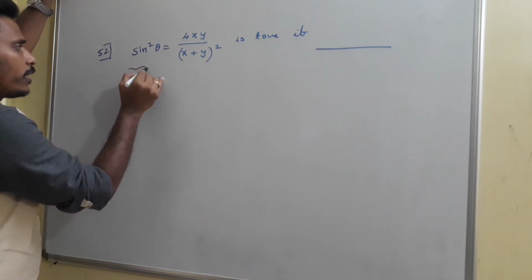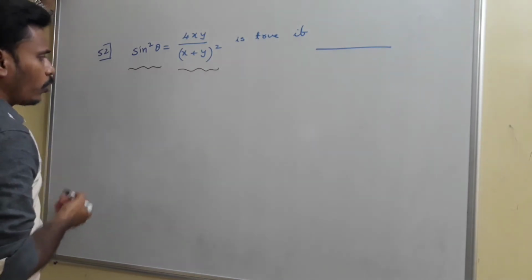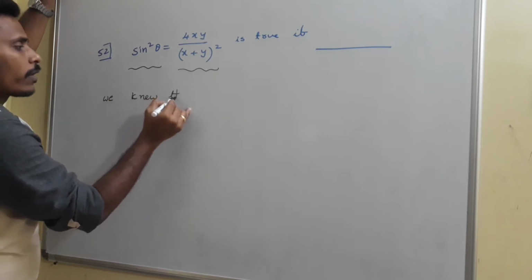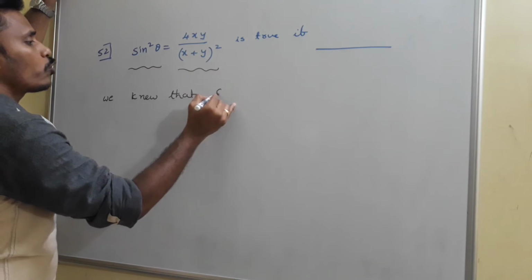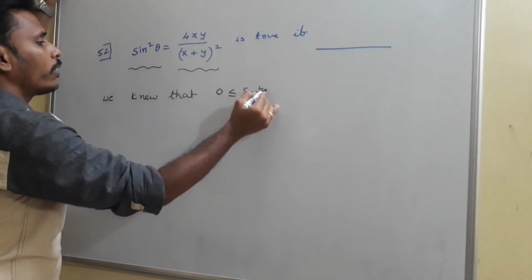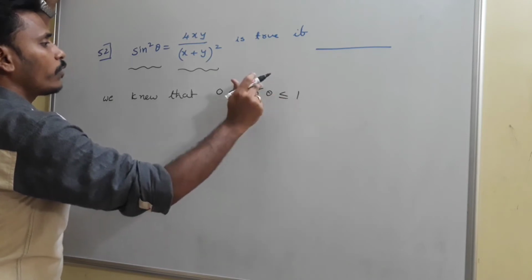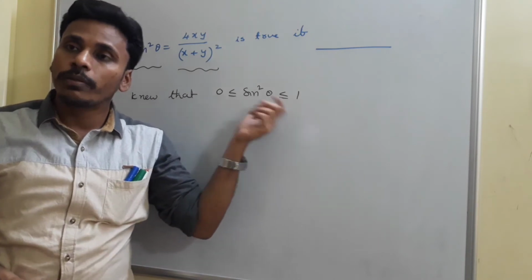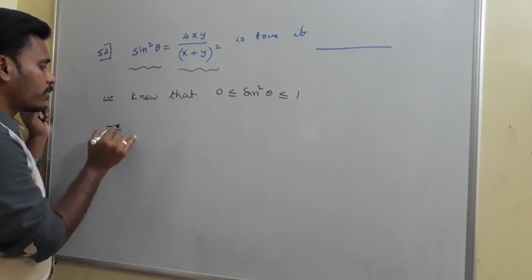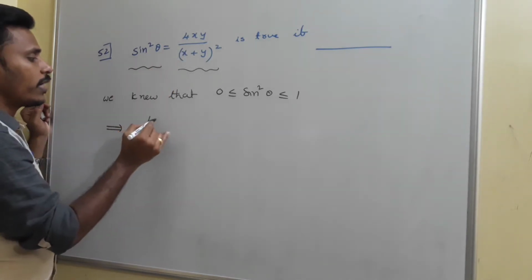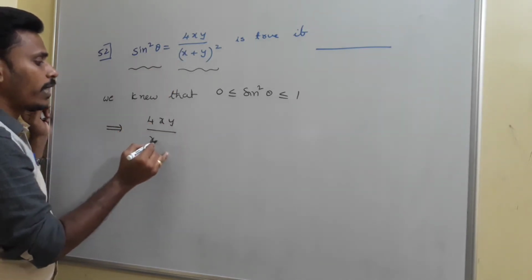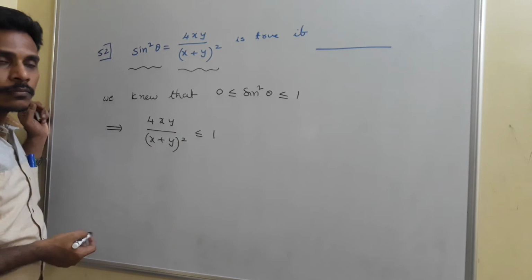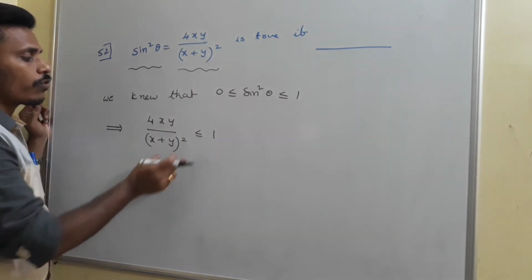We know that sine square theta values always lie between 0 and 1. Is it clear? In the sense, sine square theta should always be less than or equal to 1. That implies sine square theta here, which is 4xy by (x plus y) whole square, is less than or equal to 1 only. That's why I indicated it like this.